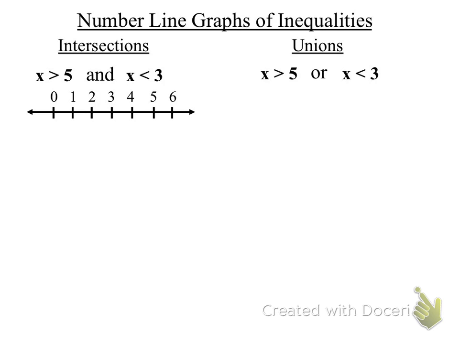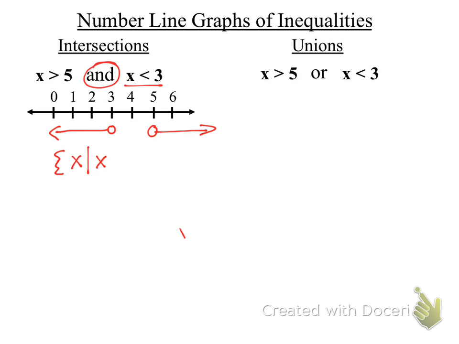So now I'm going to graph them. I need a combination. I need the overlap. Only the overlap. So x is greater than 5 and x is less than 3. What is in my set builder? What am I going to say? X is such that x is less than 3.